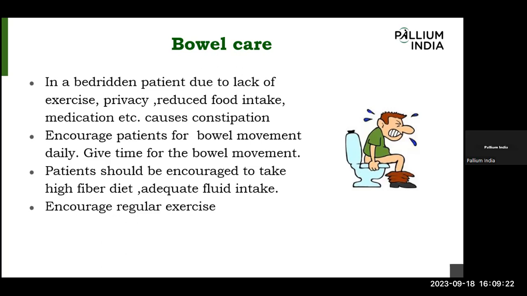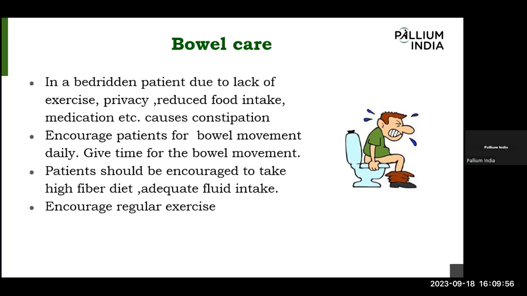So when we do the assessment, you have to think about these: whether they are able to do their exercise, or if they are not able to do it on their own, you have to encourage the caregivers to do it for their loved ones. And always give privacy for passing stool, because if you open the door in between and ask them whether they have defecated or not, they will not be able to.